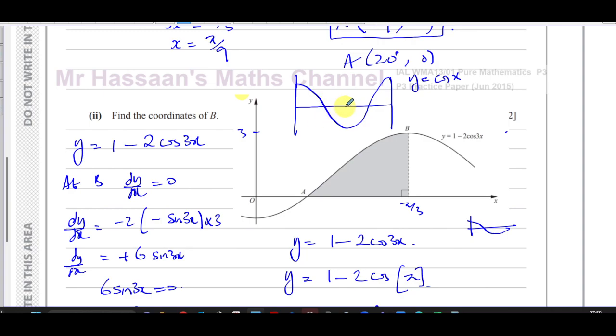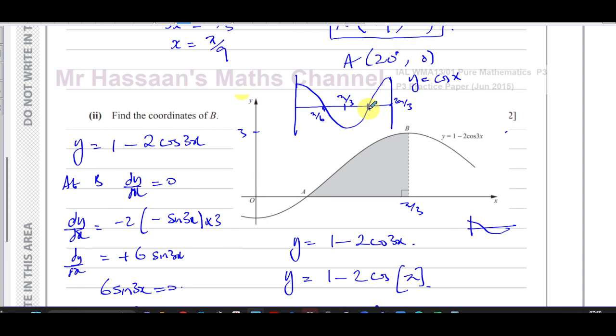So instead of this being pi, this becomes pi over 3. Instead of this being 2 pi, this becomes 2 pi over 3. Instead of this being pi over 2, this becomes pi over 6.